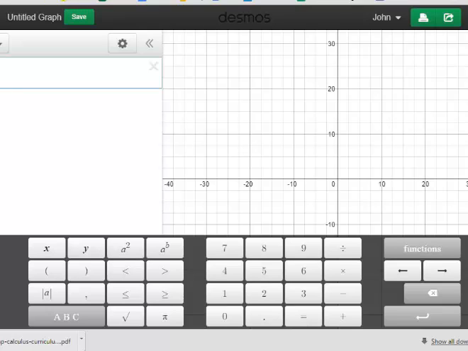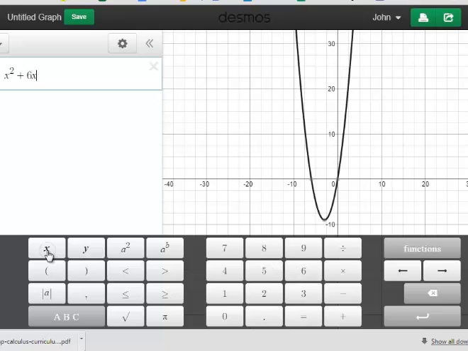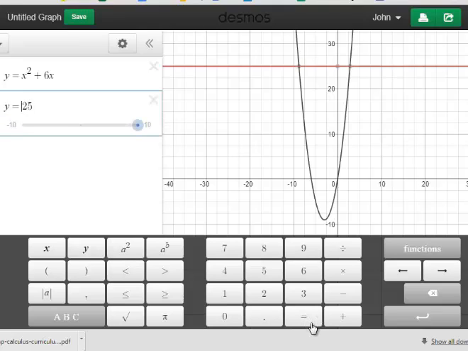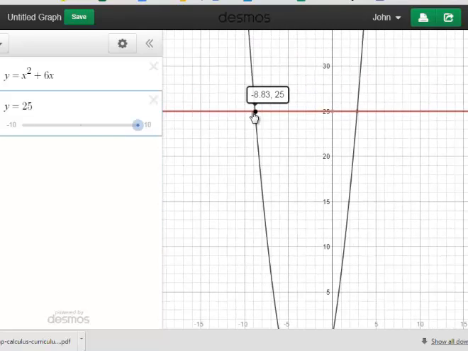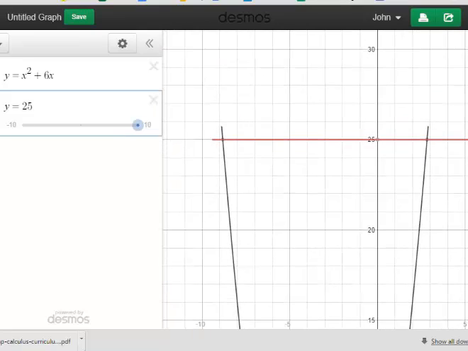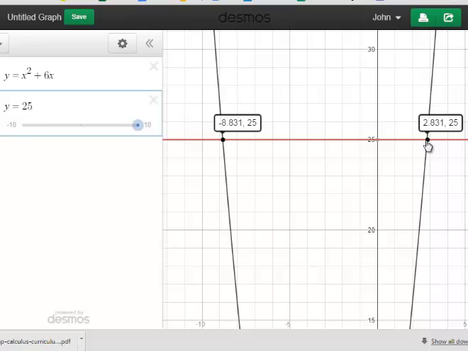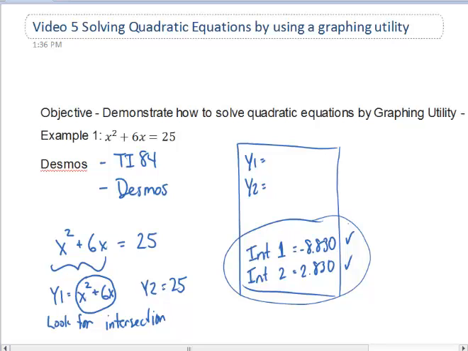So I think it was x squared plus 6x, and that shows me a parabola. And then I'll make my second function y equals 25. You should always do y equals, or the function equals. Now all I have to do to find the intersection is just probe on those points, and the more you zoom in, the more accuracy you get. So you can see -8.831 and positive 2.831. So that verifies what we found using the Texas Instruments calculator.